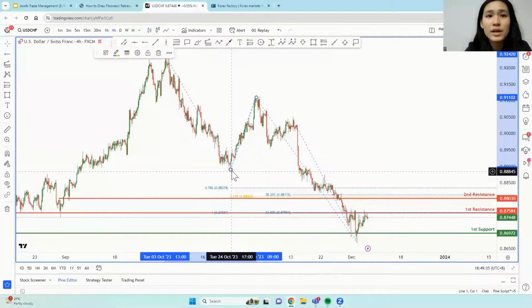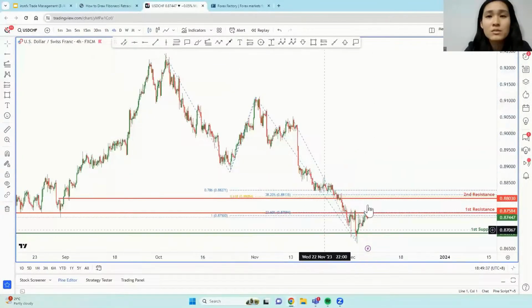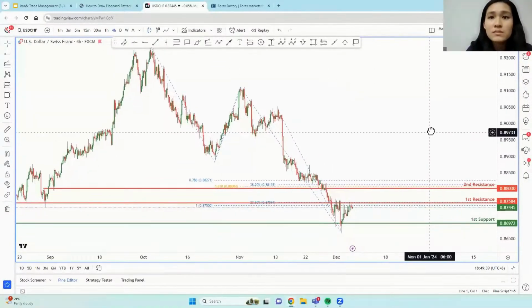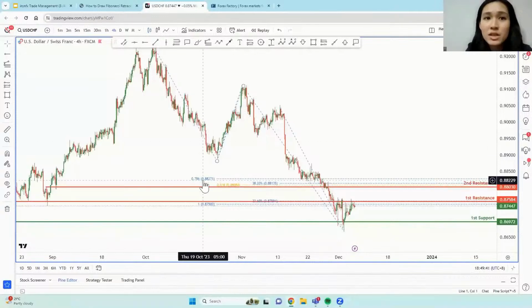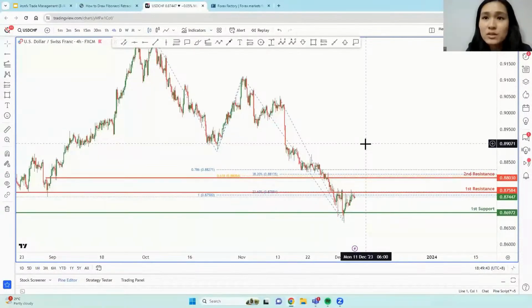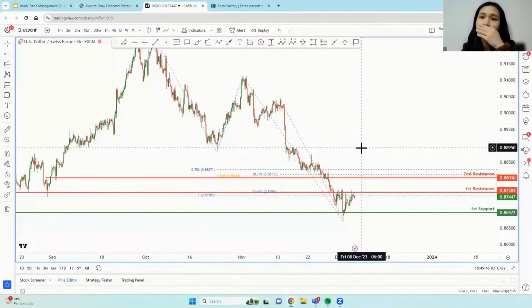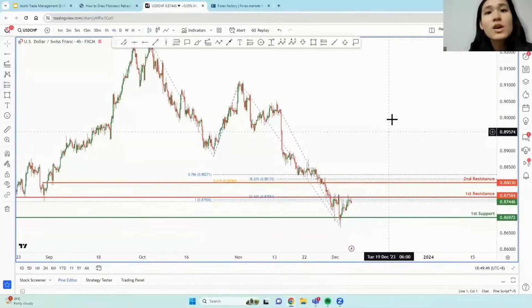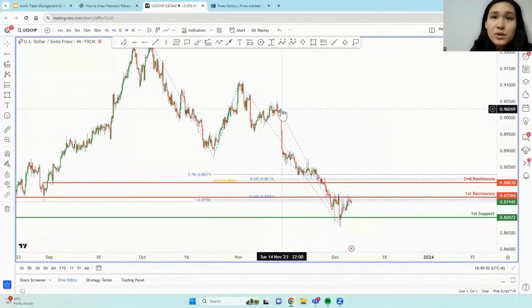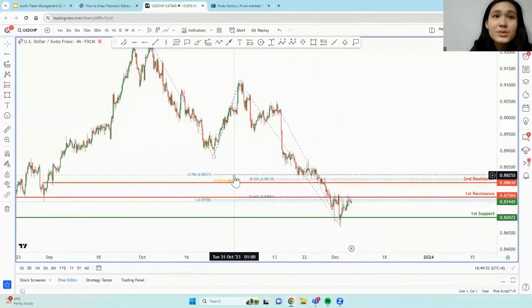My 100% and 78.6 kind of line up as well. Oh, okay, but it's no longer valid because price has already broken past these levels.